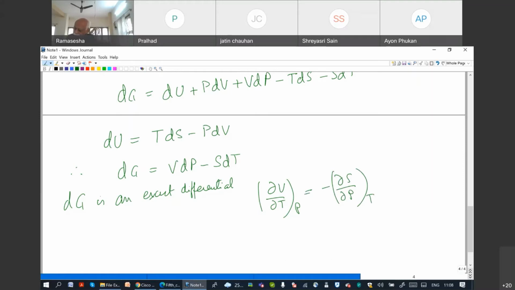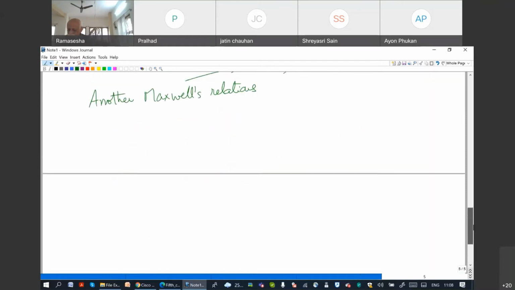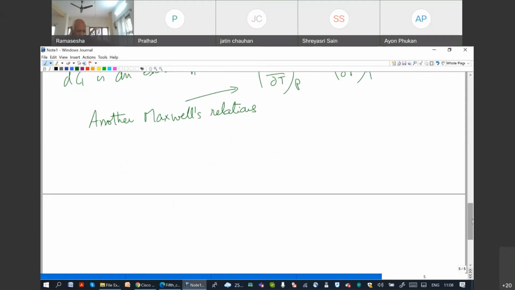This is another Maxwell relation. So you can get many different Maxwell relations like this, which are useful in thermodynamics. Is this how you had learned it, or how did you obtain the Maxwell relations?